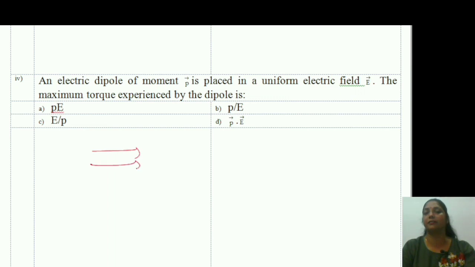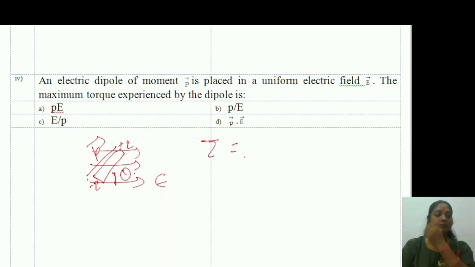This is the uniform electric field, and a dipole is placed in this electric field, minus Q and plus Q. The dipole moment P is from minus Q to plus Q. The maximum torque experienced by the dipole. The angle between P and E is theta. So what is the formula for torque? Yes, torque is PE sine theta, or you can write P cross E.